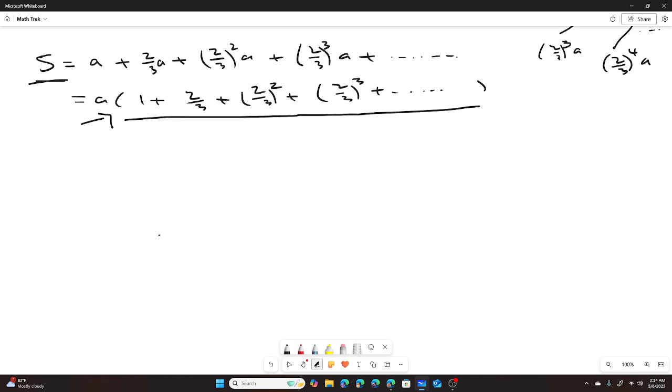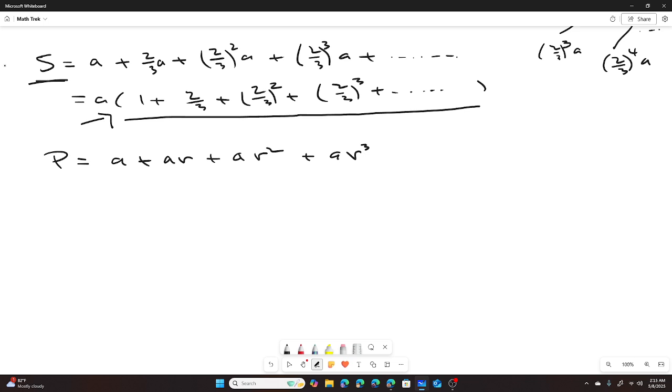We're dealing with a sequence, let's call it P. It's going to be a, a times r, where r in this case is 2/3, then a r squared, a r cubed. For the S series, it's going to continue forever.